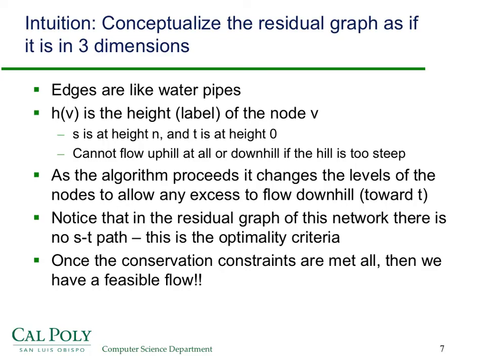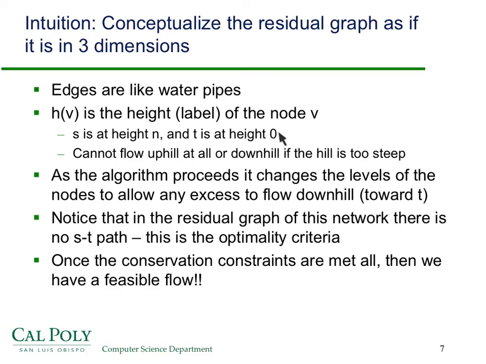So to add to your intuition about this, we're going to think of the edges as like water pipes or oil pipes, whichever you prefer, and we're going to have each vertex be at a height. So you can think of this as being in 3 dimensions, and the source vertex is going to start out at height n, and the sink vertex is going to be at height 0.